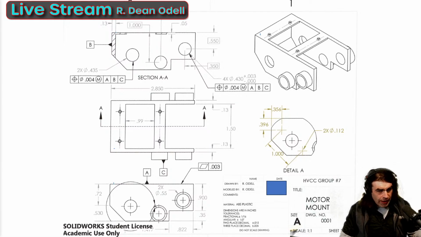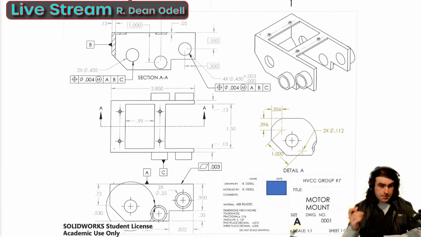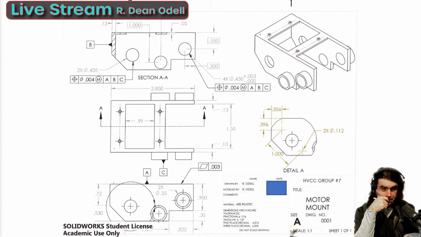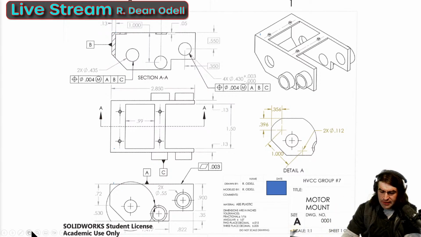This is a little bit more complicated of a part. We've got a little box, right? And the idea of this, or I call it a motor mount, I guess, is that a little electric motor fits in there somehow. I think it fits in kind of like this, right?